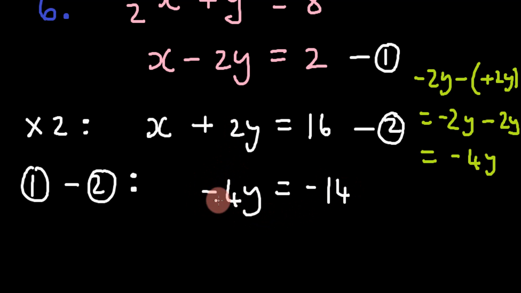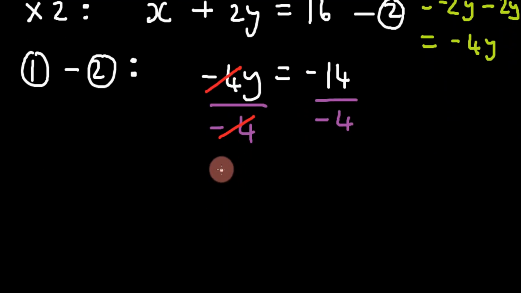Now we want to get rid of this negative 4 here. We can divide both sides of the equation by negative 4. The negative 4's here will cancel, and we are left only with y. A negative divided by negative is a positive, and we can also simplify this fraction.